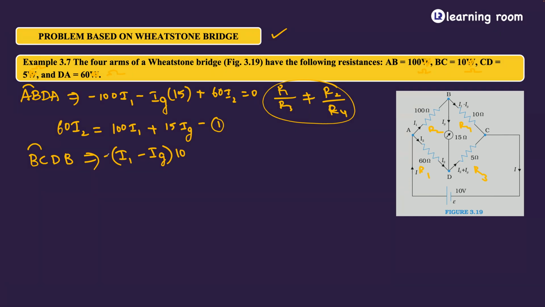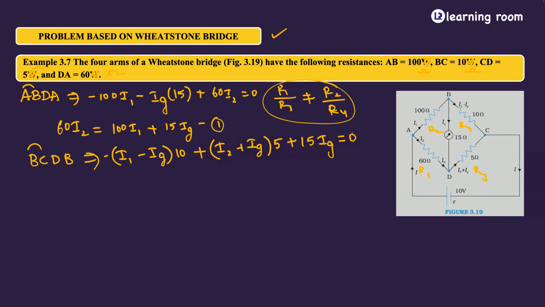When you go from C to D, it is going to be plus I2 plus IG into 5. Similarly, when you go from D to B, it is going to be plus 15 IG, and everything is equal to 0.